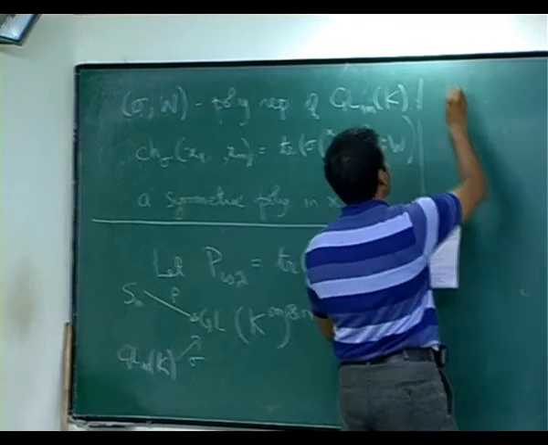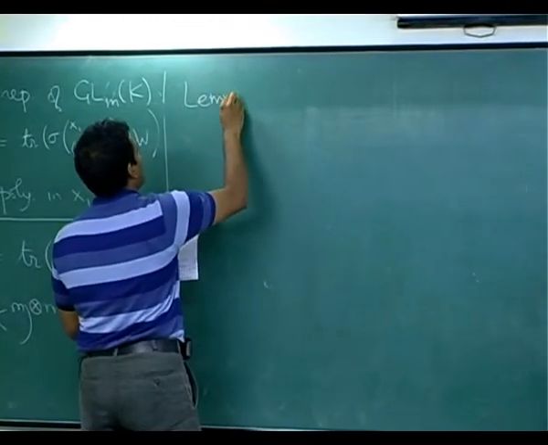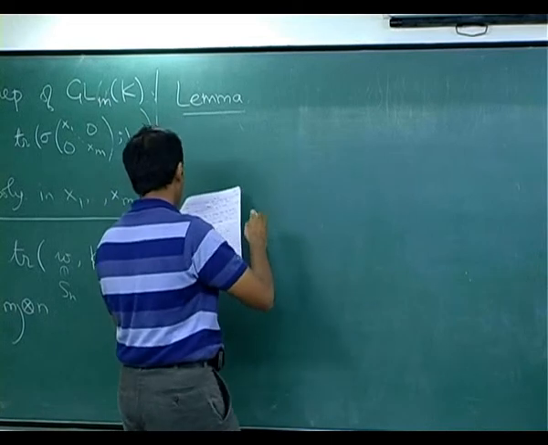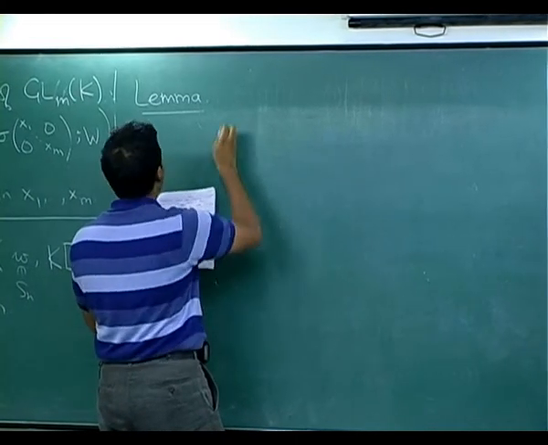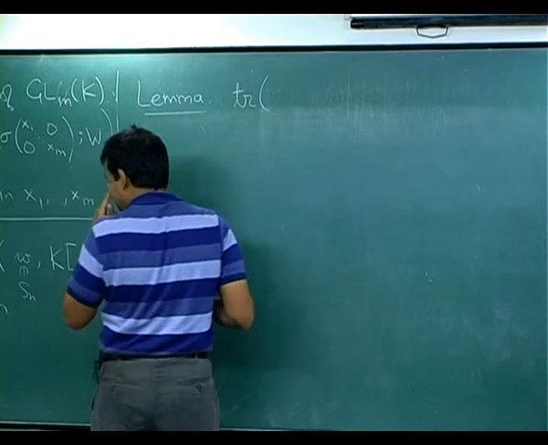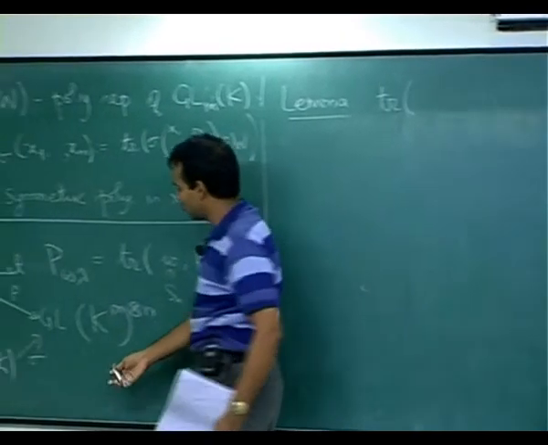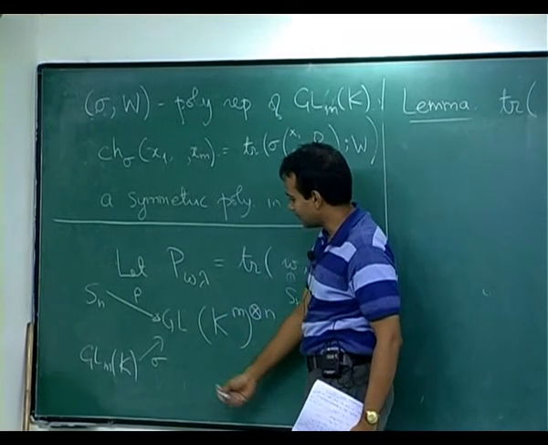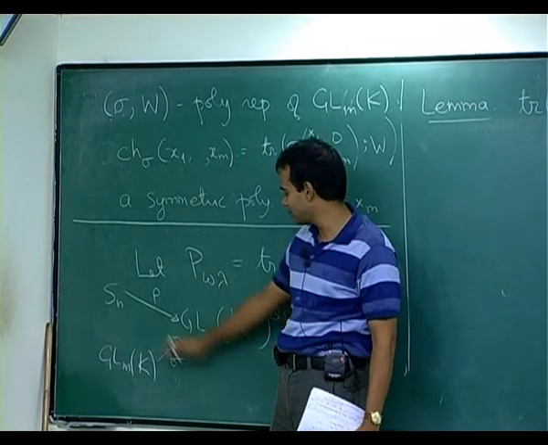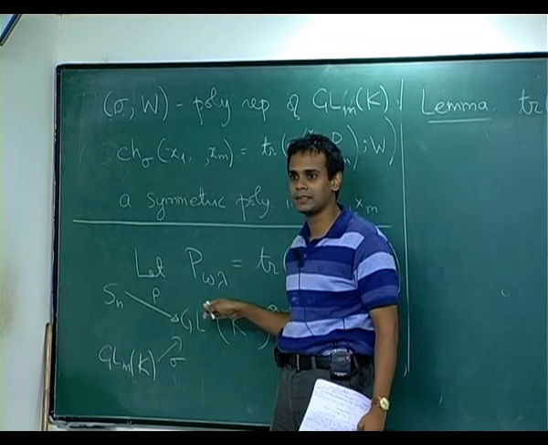And here is a lemma which is quite interesting to prove. The two actions commute, because I just showed that the Schur algebra is the endomorphism algebra of this representation of Sn.